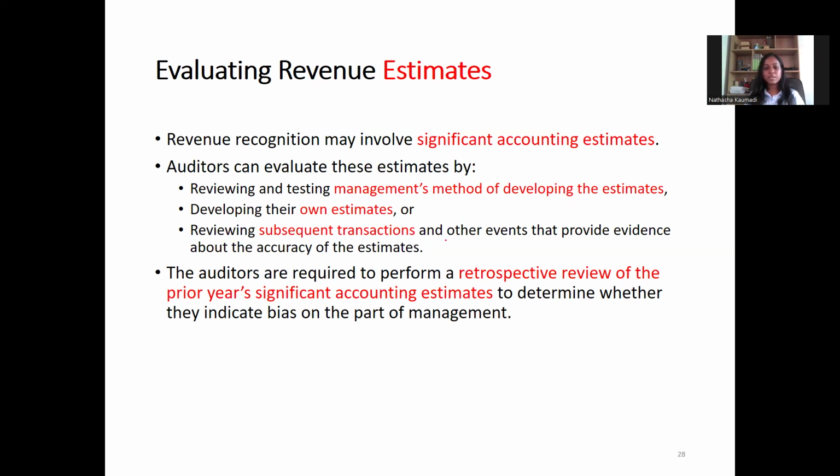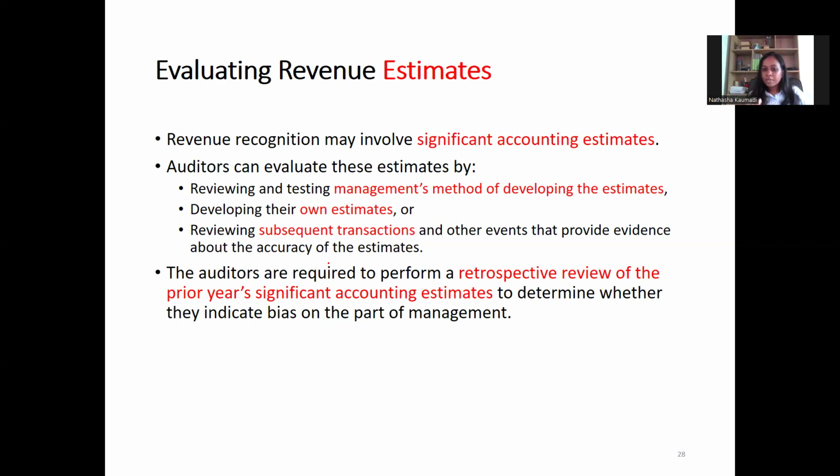Reviewing subsequent transactions and other events that provide evidence about the accuracy of the estimate. Sometimes the client has made an estimate as at the year end. But when you are doing the audit, it is now February of the new year.